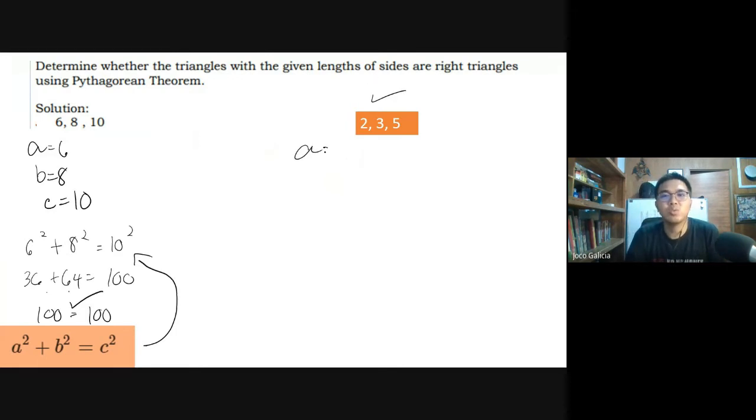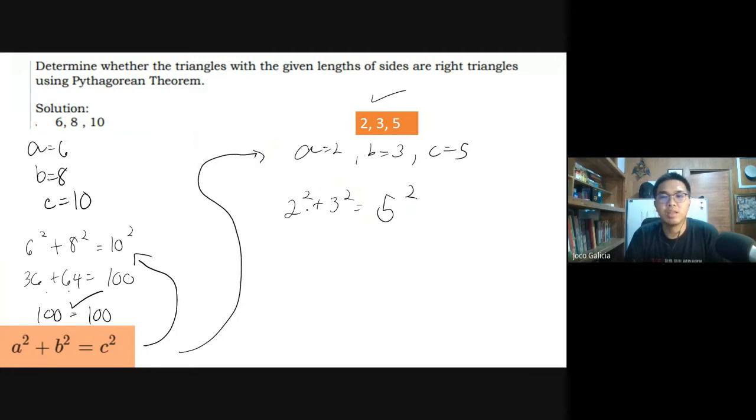Si A yung 2, yung B yung 3, at si C naman yung 5. Now, using the Pythagorean Theorem, 2 squared plus 3 squared is equal to 5 squared. Ayan yan, by substitution lang. Then 2 squared ay 4, 3 squared ay 9, 5 squared ay 25. 4 plus 9, 13 is equal sa 25.